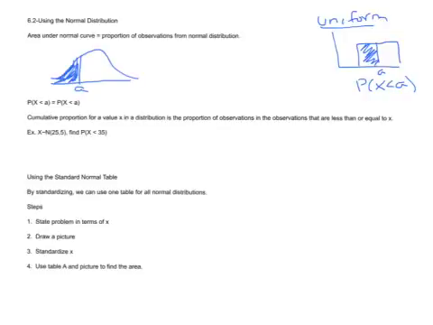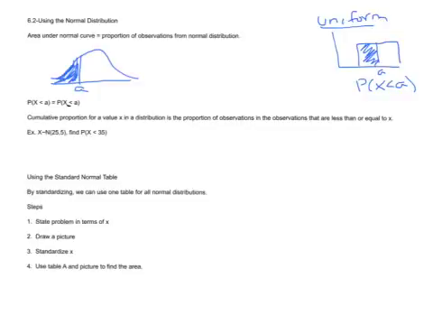So we're going to use either a table or the calculator to come up with the actual area. The concept is the same, and you'll notice in this problem, and this is supposed to be a less than or equal to, just like in the uniform, the less than and the less than or equal to are going to give me the exact same value because the actual area under the curve at exactly A is 0. So those two things are equivalent.